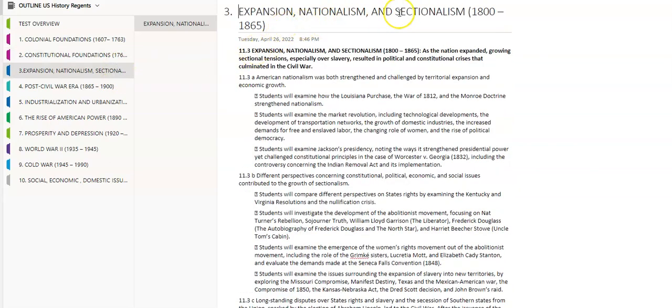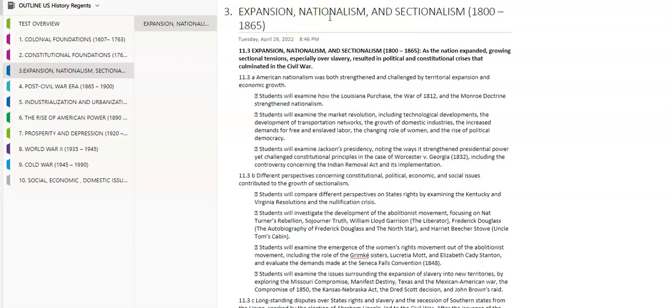Expansion, nationalism, and sectionalism. Notice you go back a little bit here, 1800 to 1865. So we then step back slightly and start talking about the expansion of the country. So first big expansion is, of course, the Louisiana Purchase.